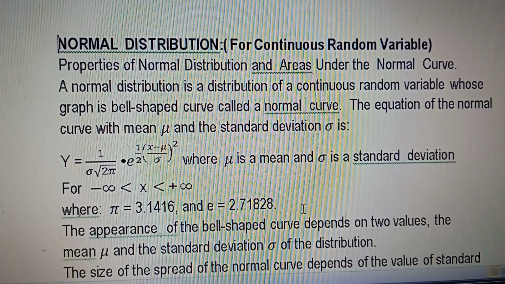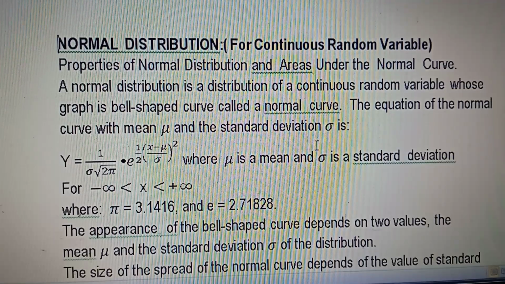The normal distribution discusses primarily the normal curve, the normal curve under which there is an area, and that is the counterpart for the probability in the discrete probability distribution.